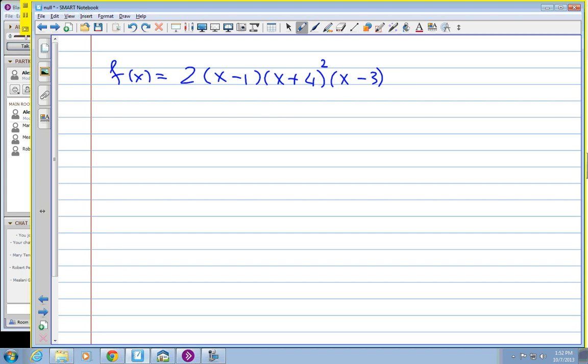What is the degree of this polynomial? 4, right? Basically, you just have to count. You have 1 x here, 2 here, and 1 there. So that's 4. Do you agree with that? Or just count all the exponents. If you count all the exponents, 1, 2, and 1, that'll tell you the degree of the polynomial. Is that okay? If it's factored. So that's a 4th degree.